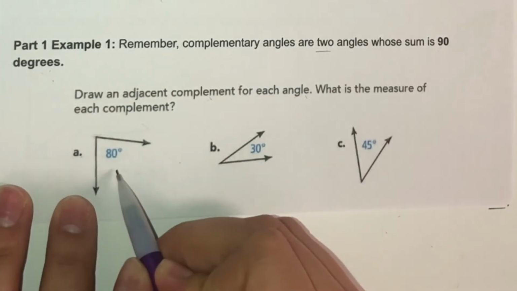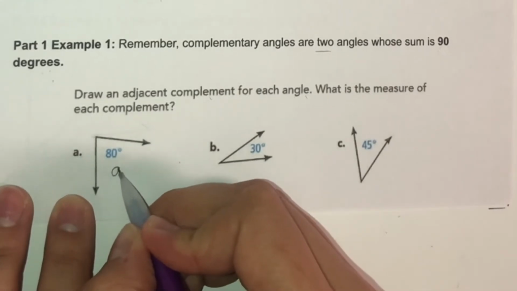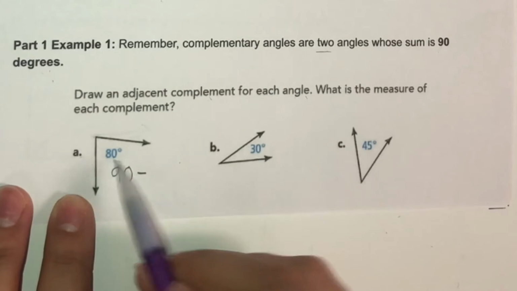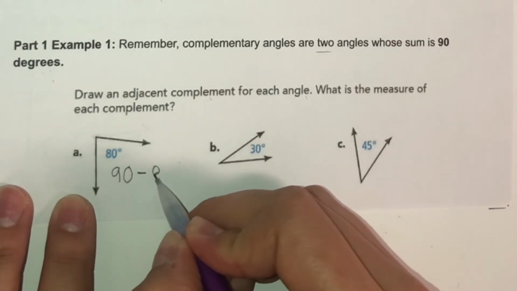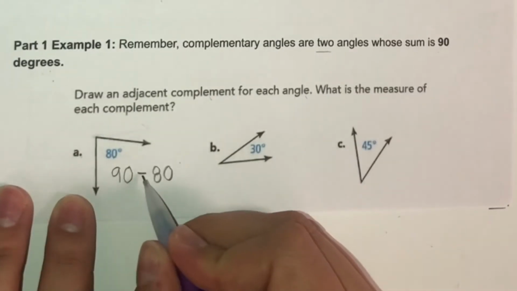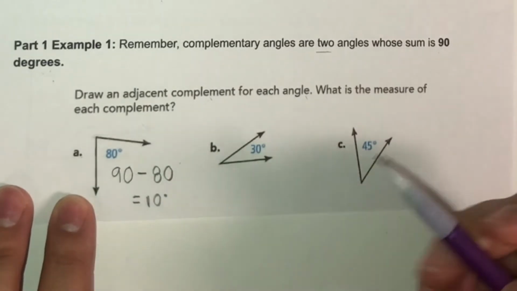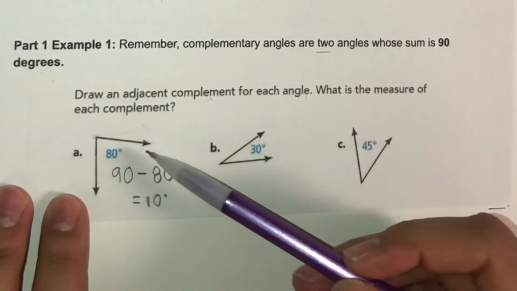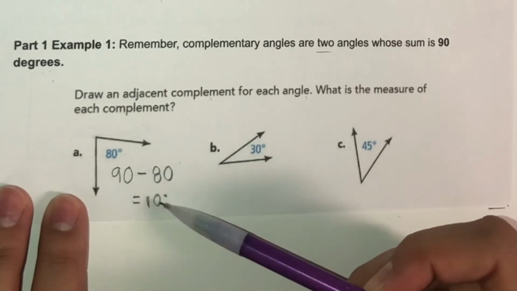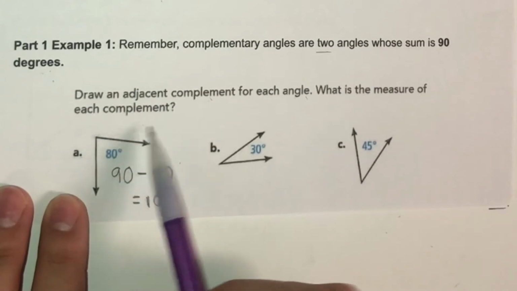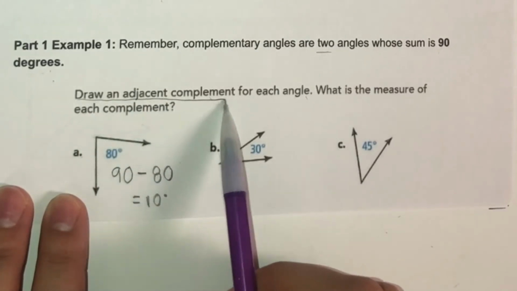So if we know complementary angles equal 90, we're going to subtract 80, which is what they give us. 90 minus 80 will give us 10 degrees. So I know my pair of complementary angles here are going to be 80 degrees and 10 degrees. And then I'm just going to draw, because it says draw the adjacent complement.